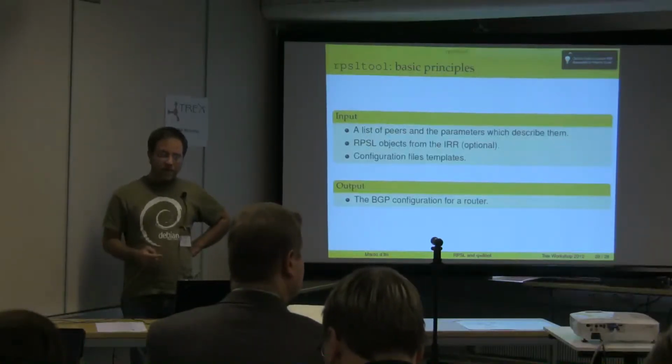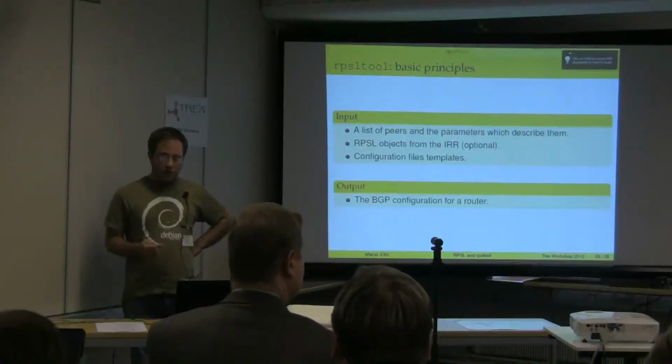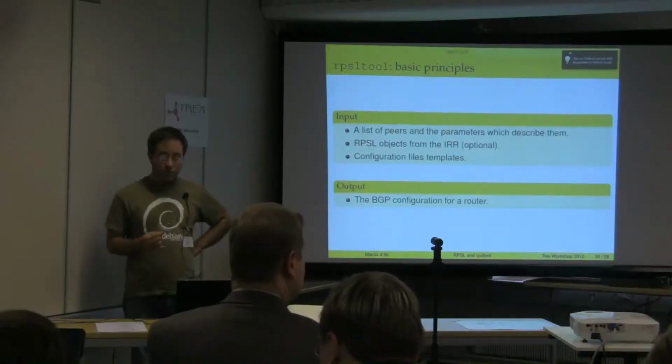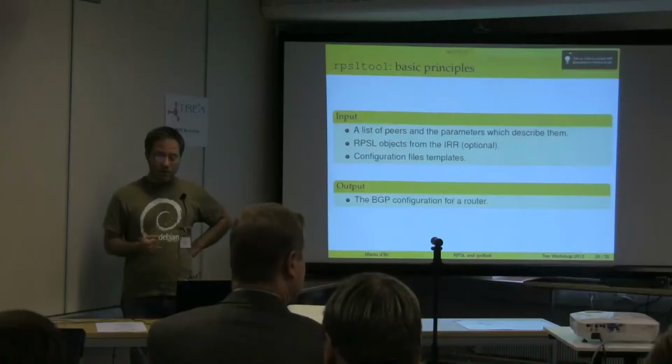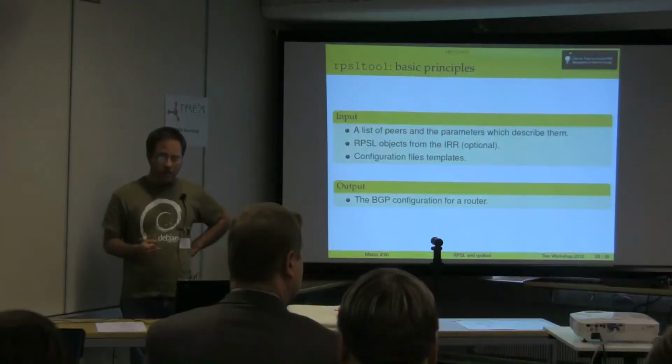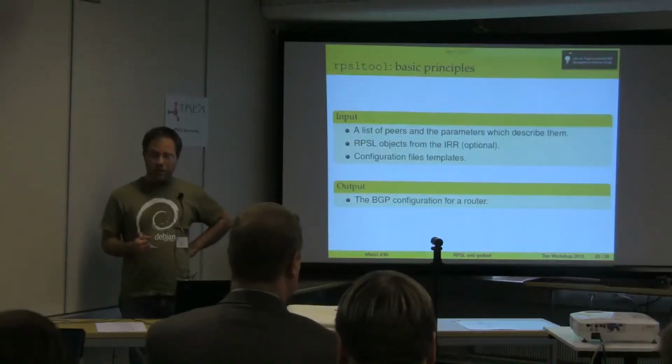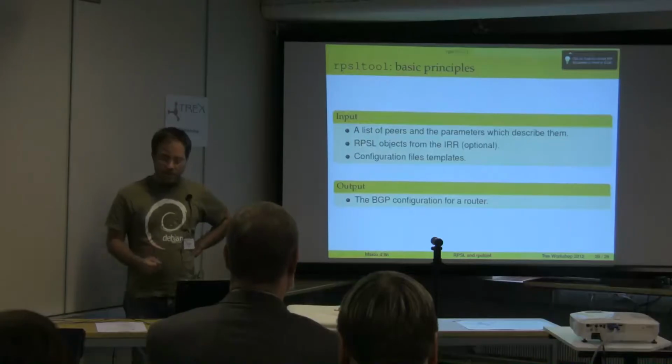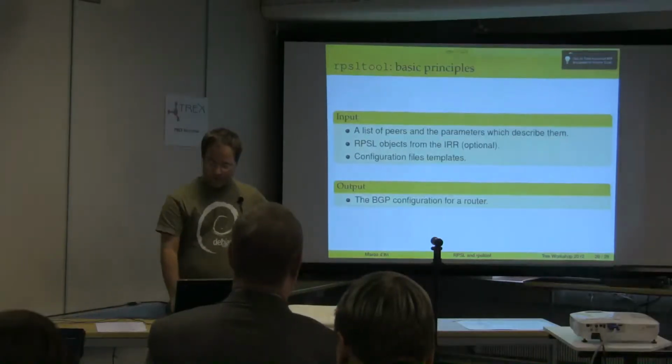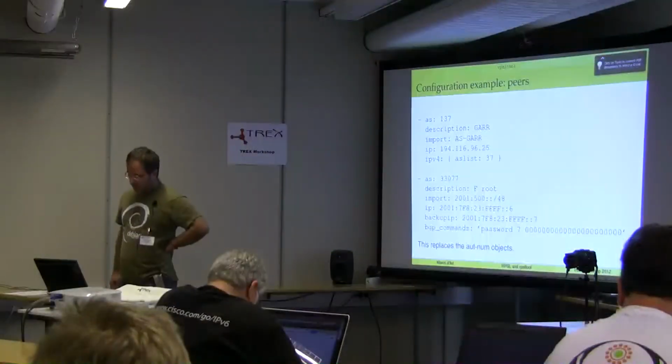By using the conversion feature of the RIPE whois server, you can also import routes from other IRR databases, because RIPE mirrors in their own database other sources and converts them to RPSL.